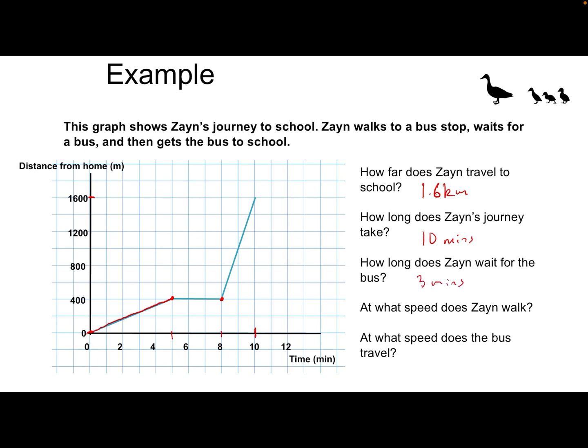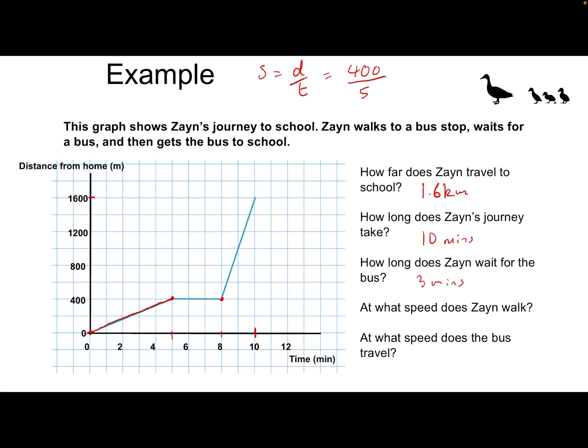Now, at what speed does Zayn walk? Well, speed equals distance over time, but I'm only being asked about the speed that Zayn walks, not the entire journey. So all I really want to know is how far does he travel walking? Well, it seems to me he travels 400 meters and it takes him 5 minutes.